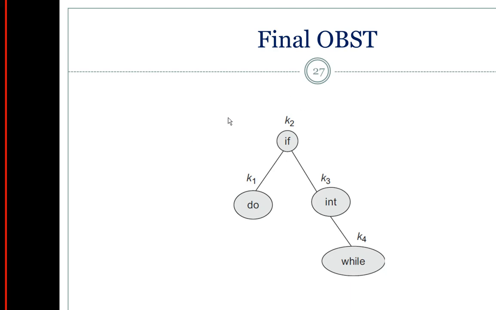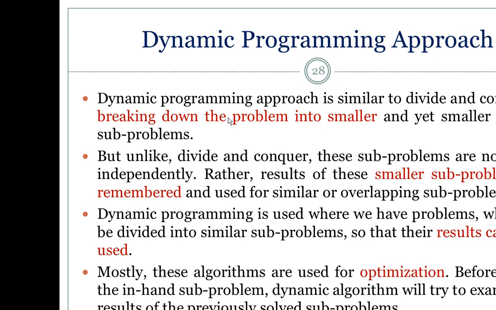So here I have given just the idea how to solve the OBST by using a dynamic programming approach. Now what is the dynamic programming approach? Dynamic programming approach is similar to divide and conquer in breaking down the problem into smaller subproblems. But unlike divide and conquer, these subproblems are not solved independently. Rather, the results of these smaller subproblems are remembered and used for similar or overlapping subproblems.